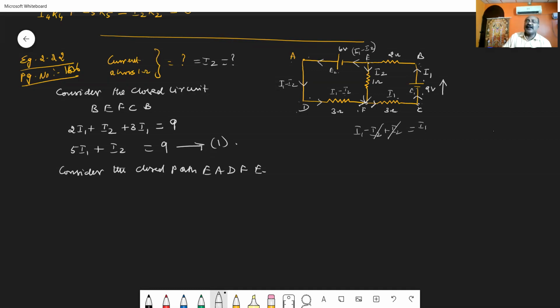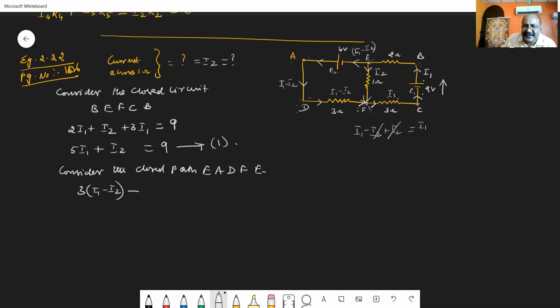Now apply Kirchhoff's law. From E to A, there is no resistance, leave it out. From A to D, there is no resistance, leave it out. From D to F, you have the resistance 3 ohm multiplied with the current I1 minus I2. The direction of current and direction of path are the same, so it is positive. Then F to E is the path, but the direction of current is from E to F, so I am putting minus because the direction of path and direction of current are opposite.